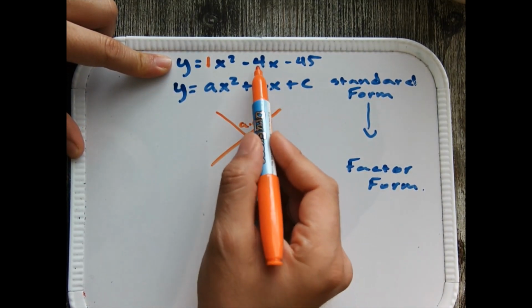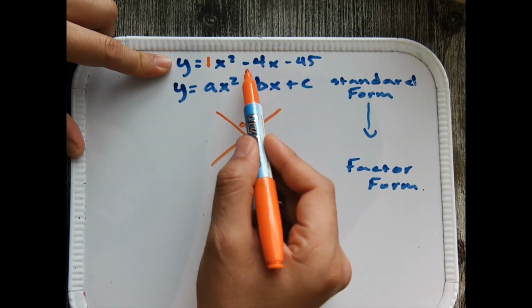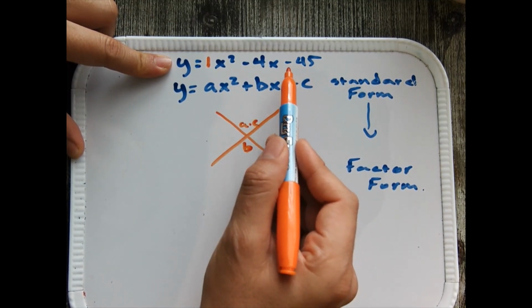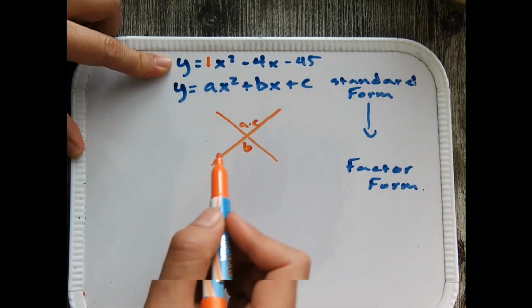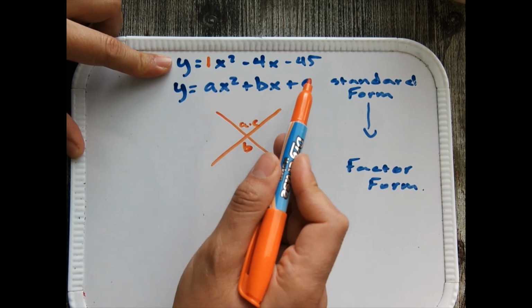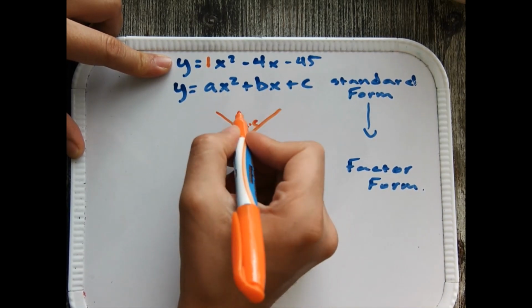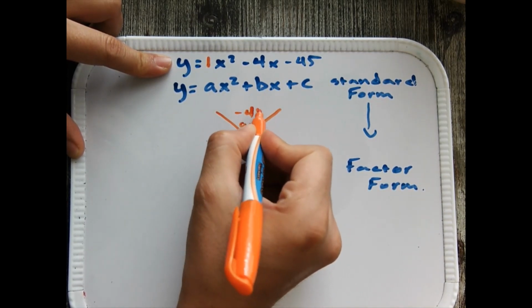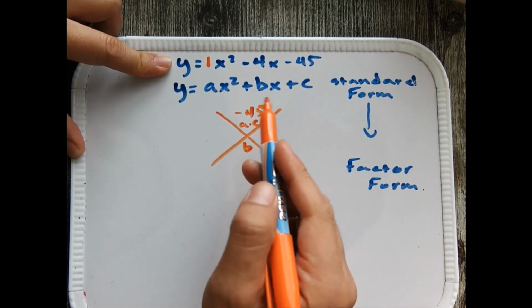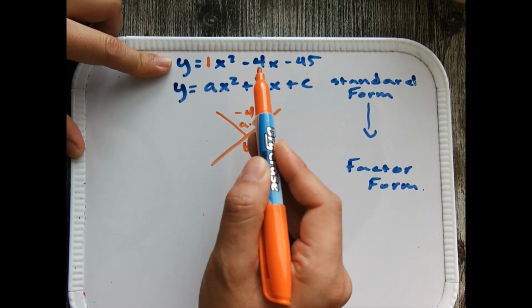My b is not just 4, it's negative 4. My c is not just 45 but negative 45. So a times c would be 1 times negative 45, which is negative 45. And the value of b is negative 4.